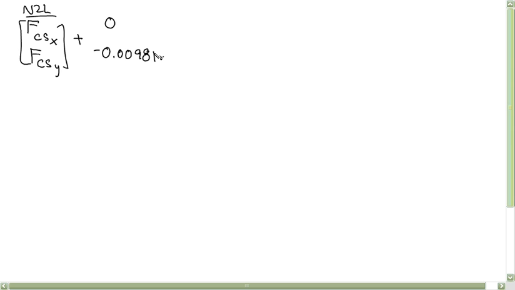Now after the free body diagram's done, you can go to Newton's second law, and you get F on the chunk by the surroundings, X and Y, plus 0, negative 0.00981 is equal to 0, 0.